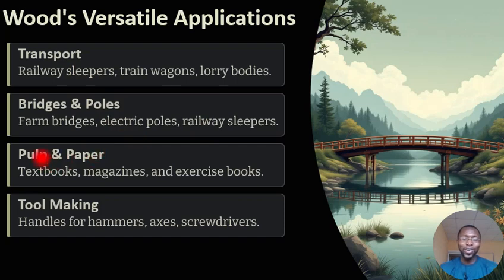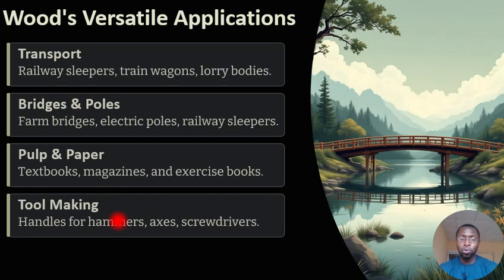Then wood, of course, we know that the paper that we use in writing is made from wood. Our textbooks are from paper, which is definitely obtained from wood. The magazines, the exercise books are paper. All paper materials are produced from wood. And lastly, we use wood in making the handles of some tools like the hammer. If you have seen a hammer before, you will see that most hammer handles are made of wood.